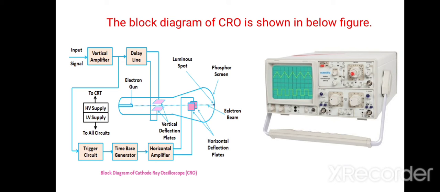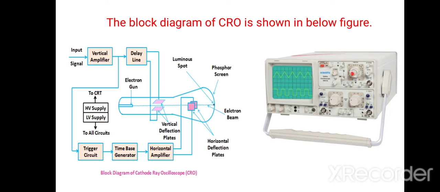I will repeat this. In the delay line, the input signal is applied to the horizontal as well as the vertical deflection plates, but before reaching the horizontal deflection plates, the signal passes through different blocks: the trigger circuit, time base generator, and horizontal amplifier.